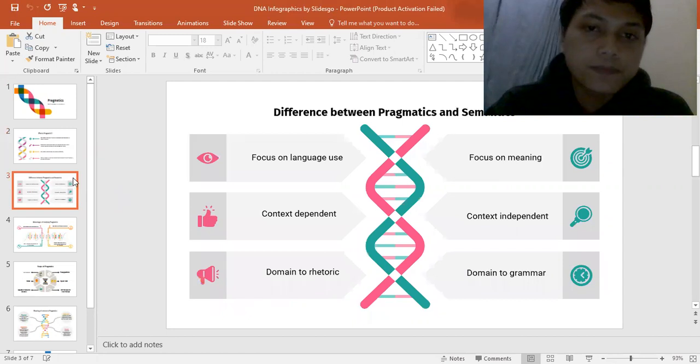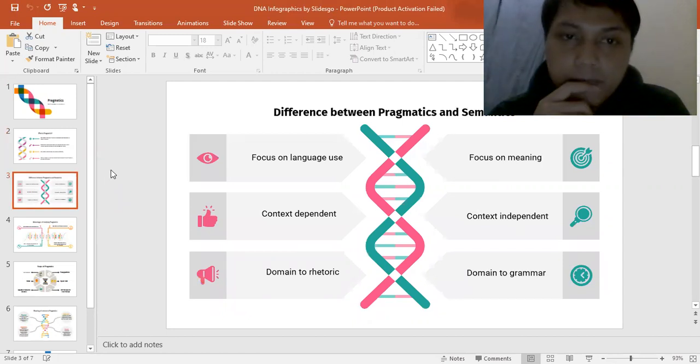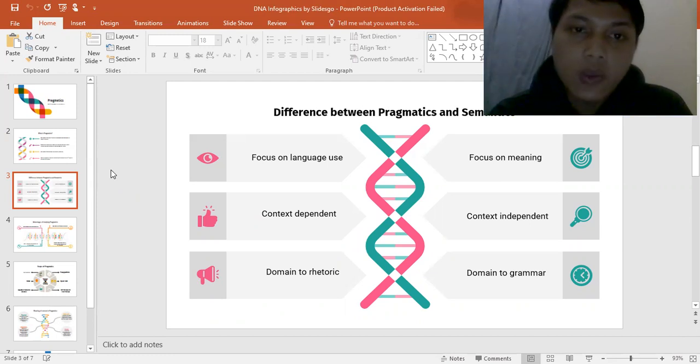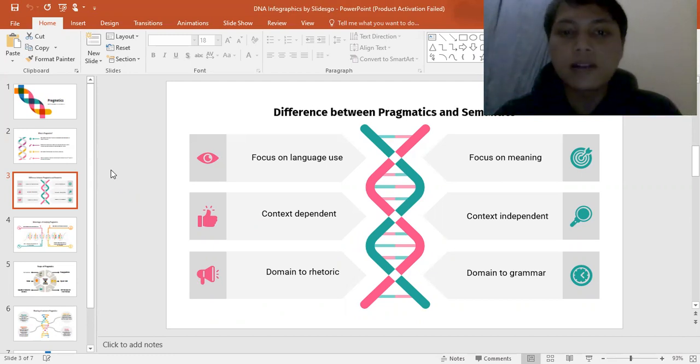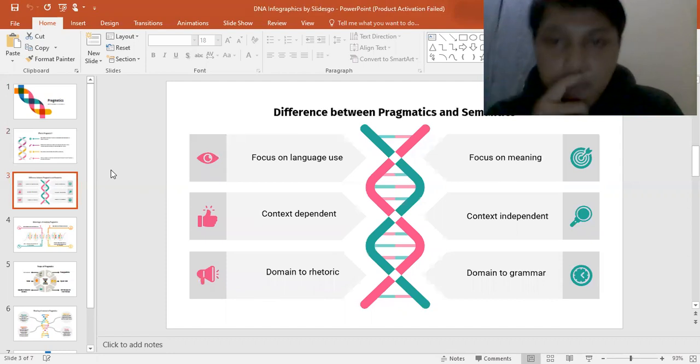Next slide. Difference between pragmatics and semantics. In pragmatics, we focus on language use, and in semantics, we focus on meaning. Pragmatics is context dependent, semantics is context independent. Pragmatics belongs to the domain of rhetoric, and semantics to the domain of grammar.